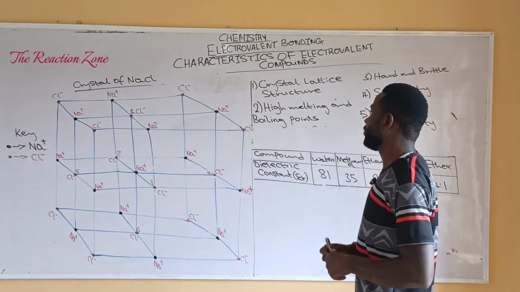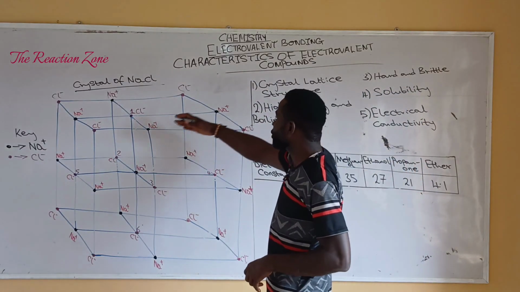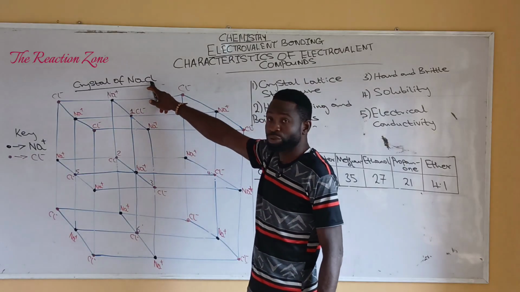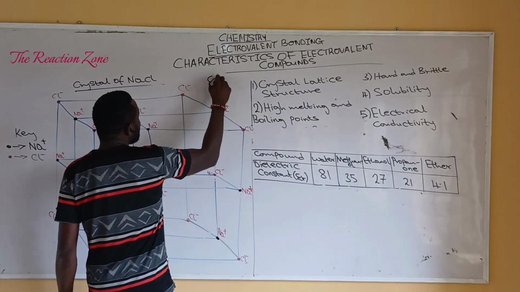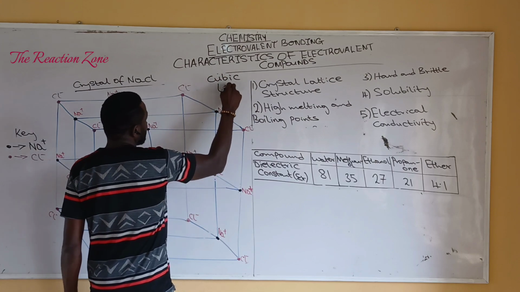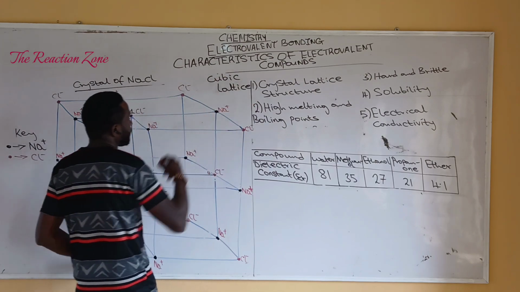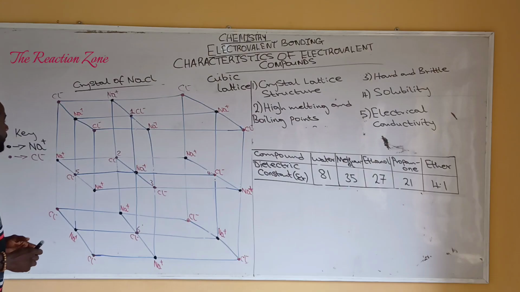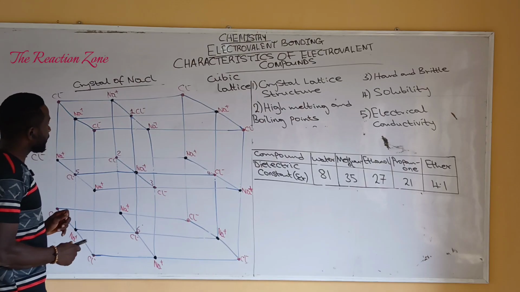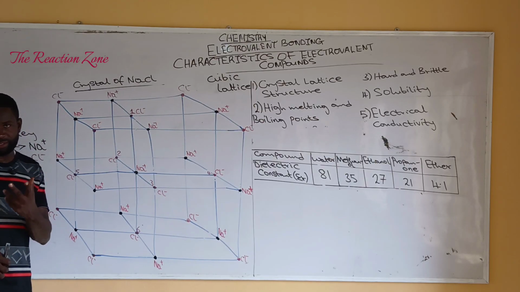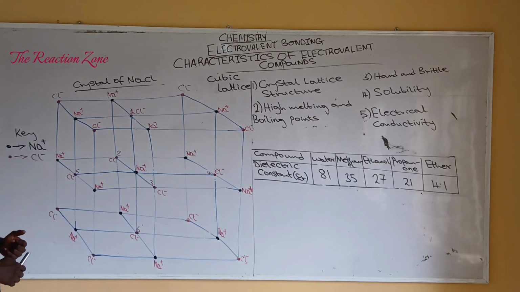For example, this diagram here shows the crystal of sodium chloride. Sodium chloride has a cubic lattice. And in this cubic lattice, each sodium ion is surrounded by 6 chloride ions.